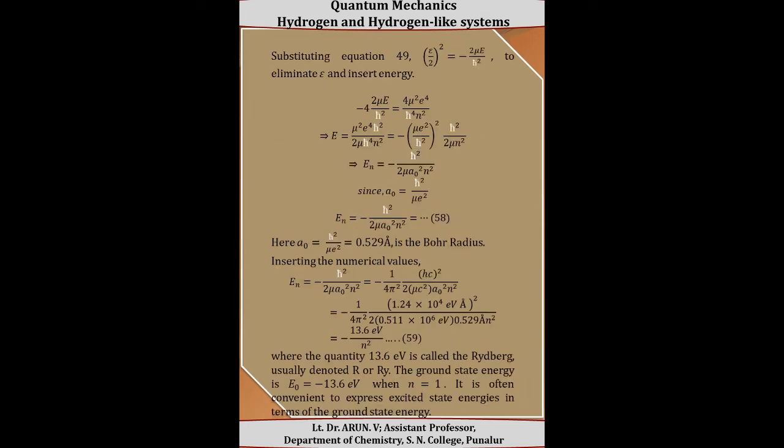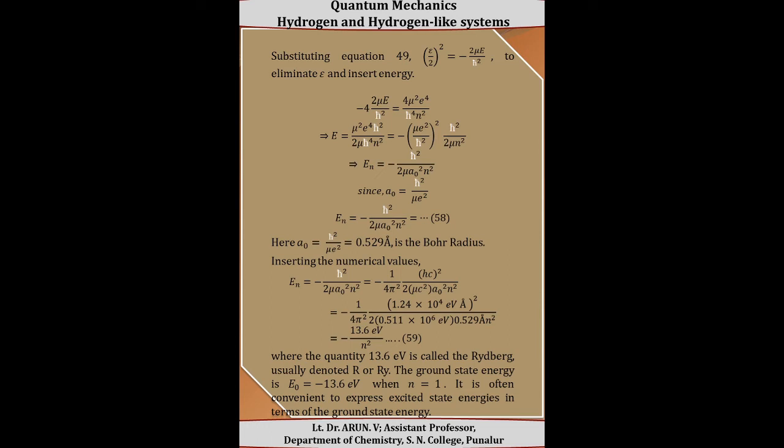Then substituting equation 49, that is ε²/2, to eliminate ε and insert the value of energy, this gives −4 × 2μE/ħ² is equal to 4μ²e⁴/(ħ⁴n²), or E is equal to μ²e⁴ħ²/(2μħ⁴n²).